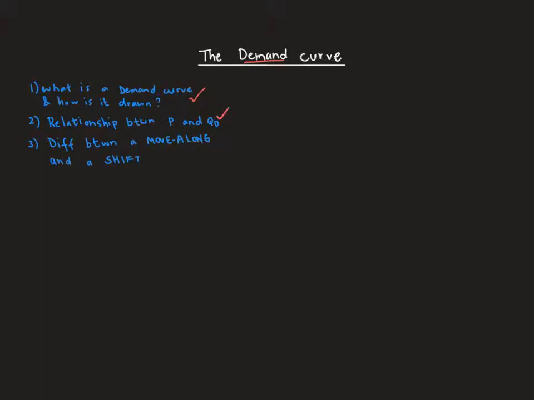Before we have a look at how that demand curve is drawn, we need to understand the relationship between price and quantity demanded. We can think of quantity demanded in the form of consumption of goods and services. So let's say, for example, the price of a product increases. Naturally, what happens to our consumption level? It should decrease.